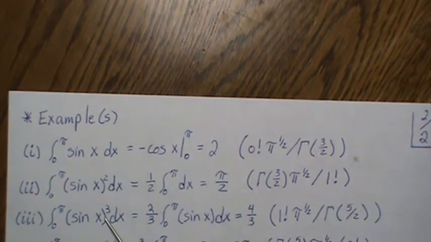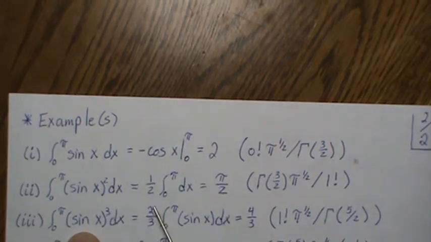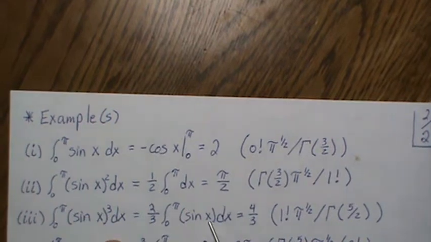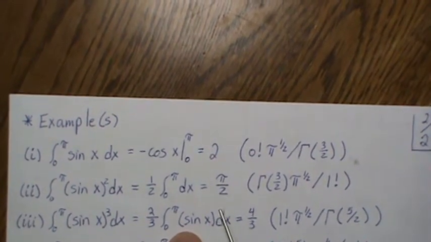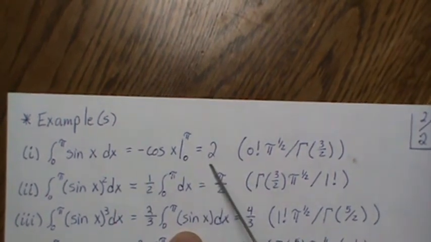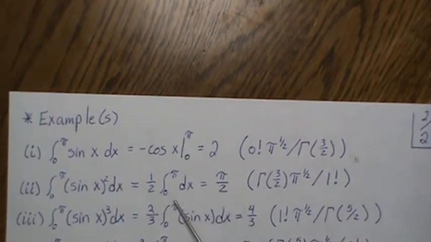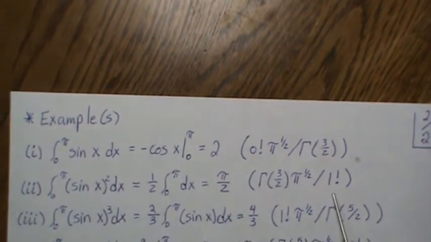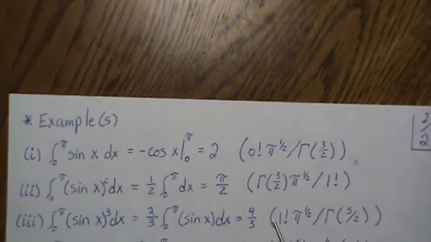Now, sine of x to the 3rd power is equal to 2 over 3, n minus 1 over n, and then it's raised to the 1st power, minus 2 of that. But this we just evaluated as 2. So this piece is 2 times that, which is 4/3. And then you can write it in this form here.